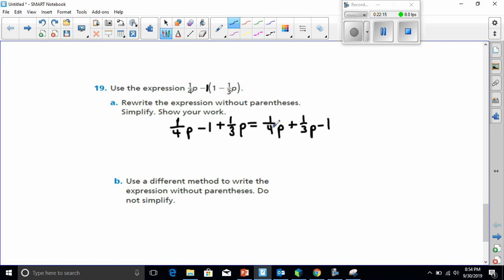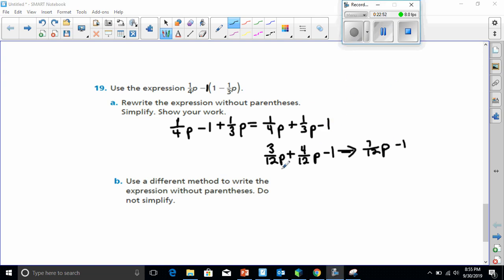I'm going to do it the quick way. We know they're going to be 12, so that's going to turn this into 3 over 12 p plus 4 over 12 p, -1. Well, 3 plus 4 is 7, so our final answer is going to be 7 over 12 p -1.